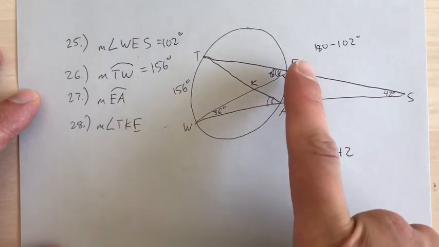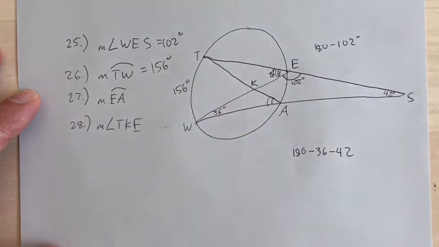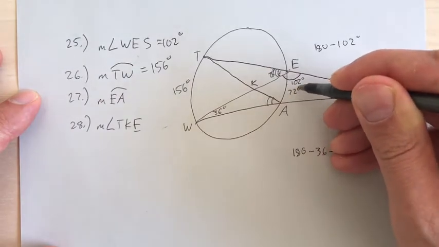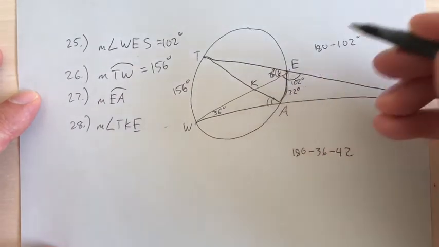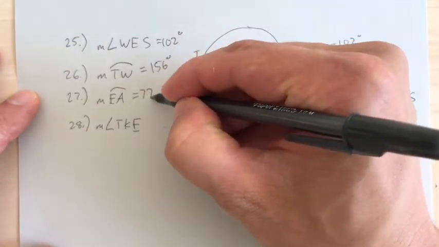So to figure out the arc EA, you could just double this inscribed angle, and since we already know it, you just times that by 2. So 36 times 2 is 72 degrees. So EA is 72 degrees. So the measurement from here to here is 72 degrees of the circle. So I'm going to write that down as well.